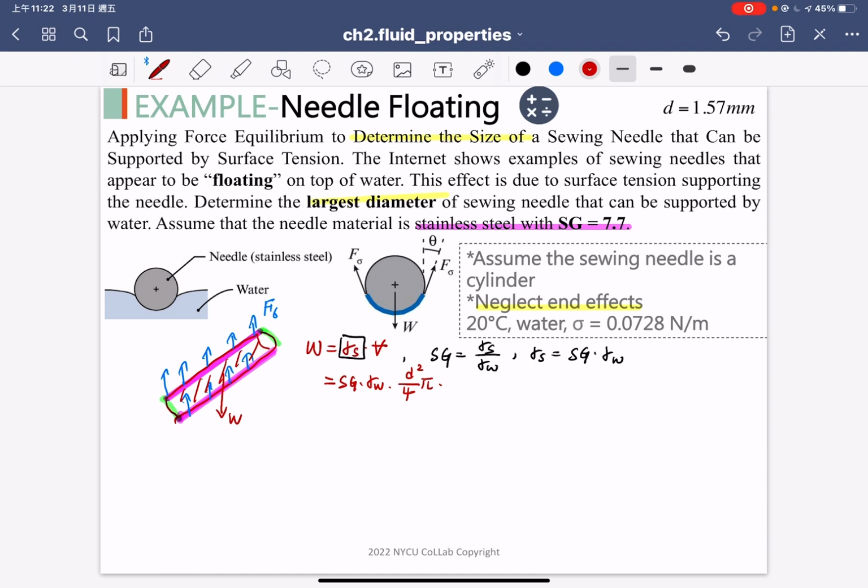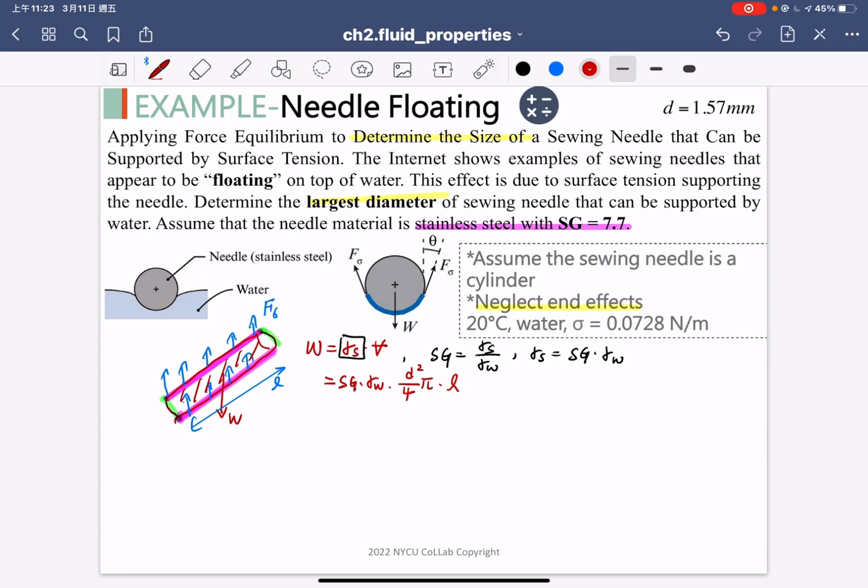We didn't know the needle length because the question didn't provide the whole length of the needle, okay? So we assume that the needle length is L. So we multiply by the L. Okay, so this is the weight of the needle.